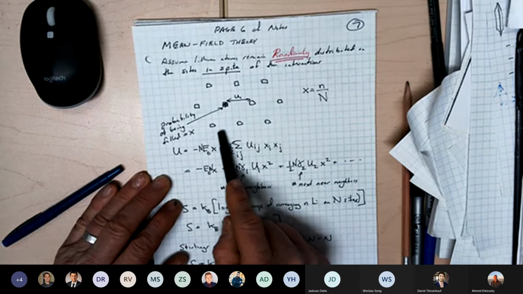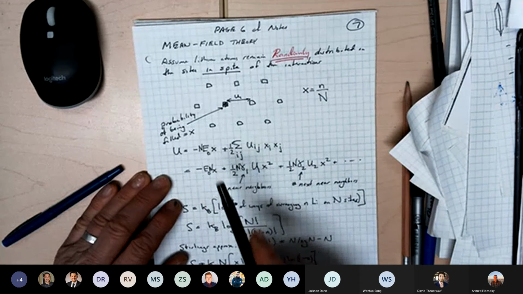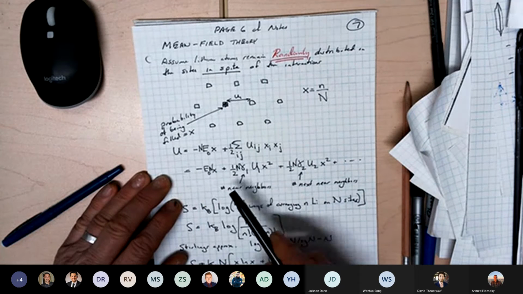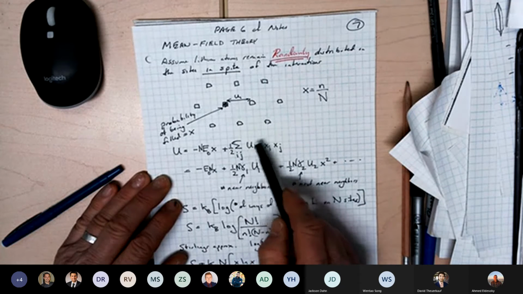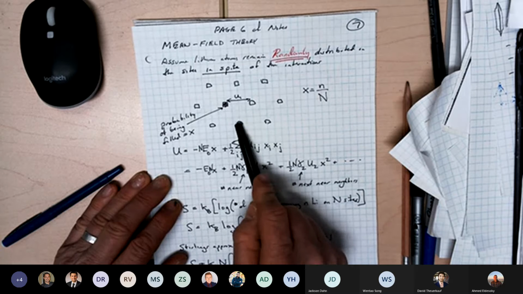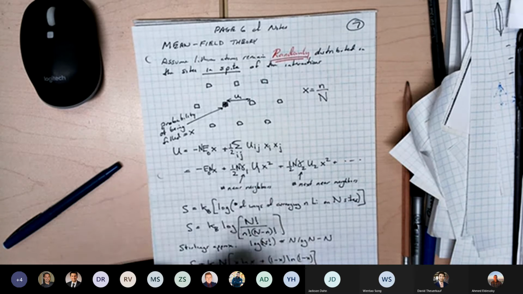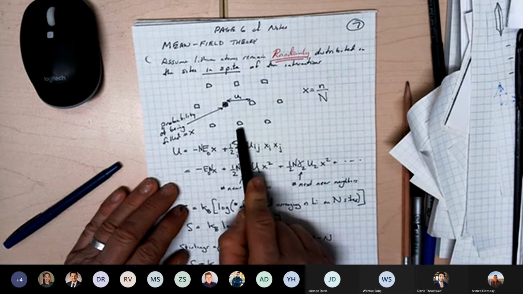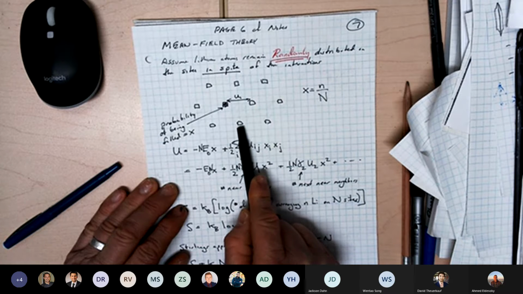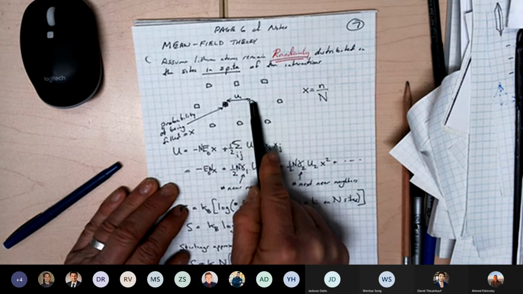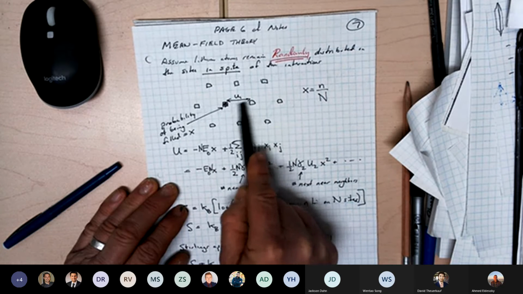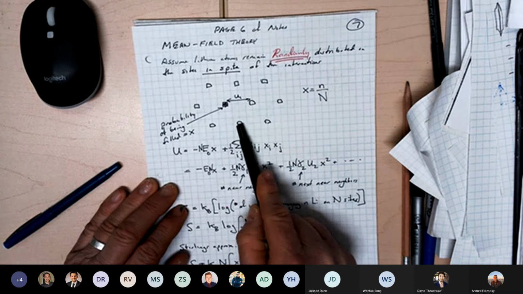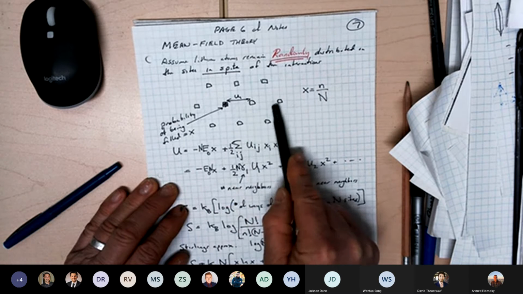And then we have to worry about all the interactions that take place here, right? So what we do is we go to a particular site, say this one, and we ask, is it full? And what does it interact with? Well, it interacts with its neighbors with U1. It interacts with its next neighbors with U2.